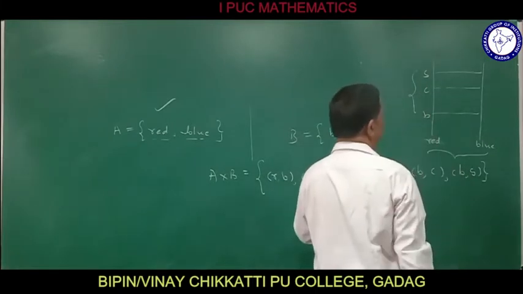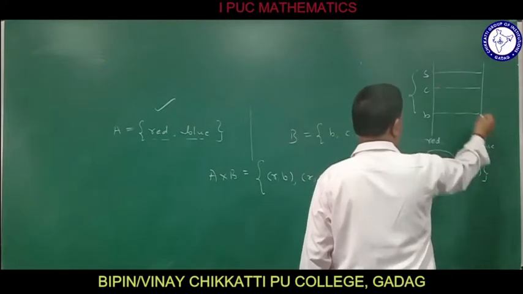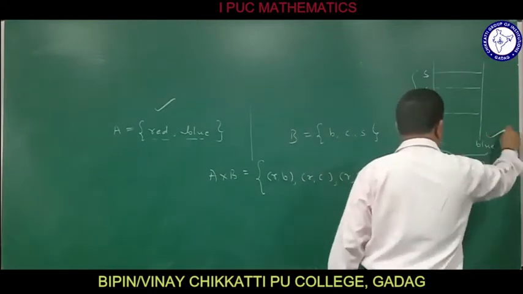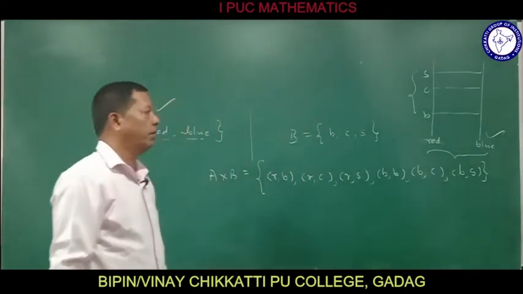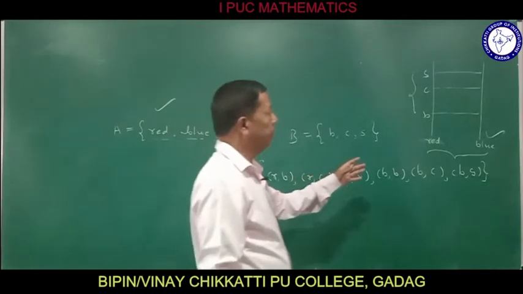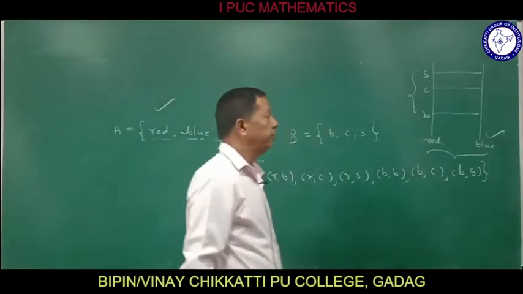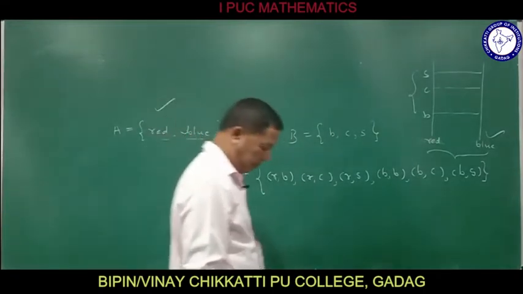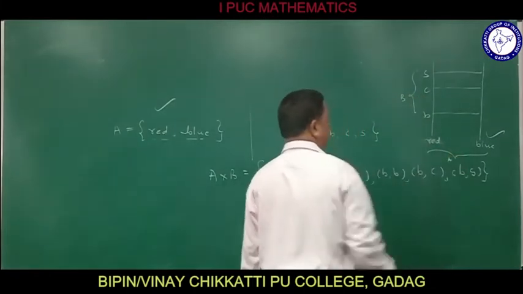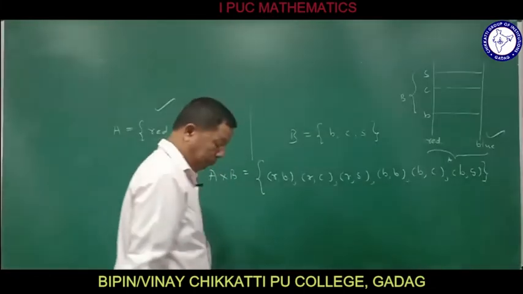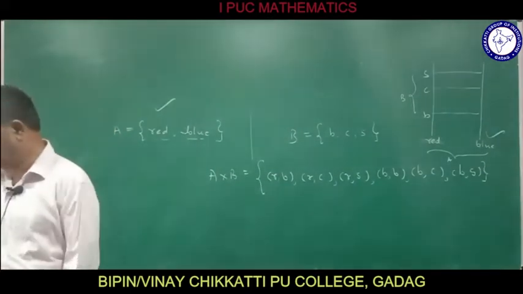Next, blue pairs with bag, coat, and shirt. So this is also a way of representing the Cartesian product. I have shown with the diagram how we find it, with this set A and this set B. I hope you understand how to obtain Cartesian products.